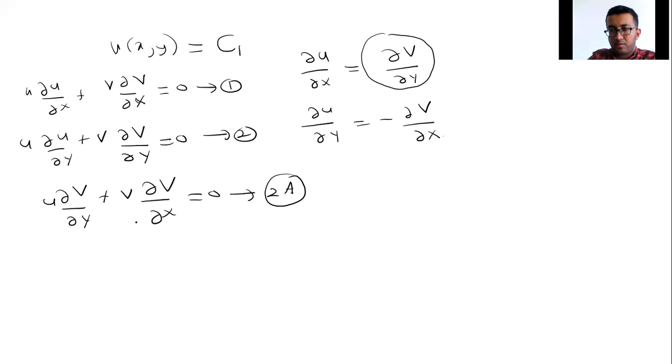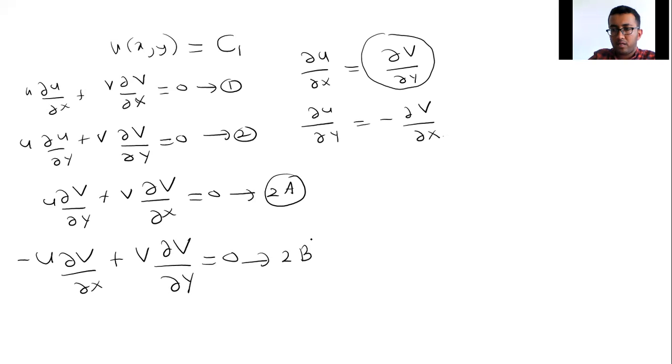Right, here I will have u ∂u/∂y, right? So I have to remove the u part. Therefore, I will write u into minus ∂v/∂x plus v into ∂v/∂y equals 0, right? So this is my equation 2b, right?